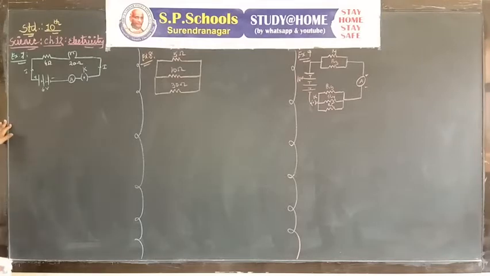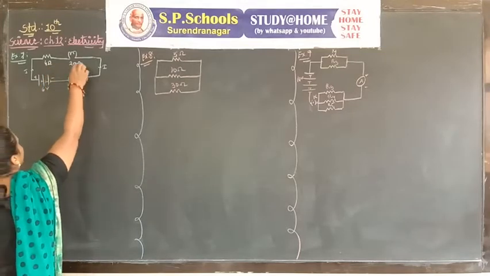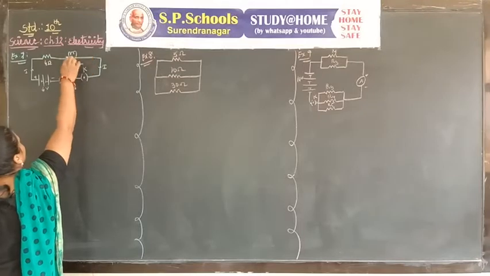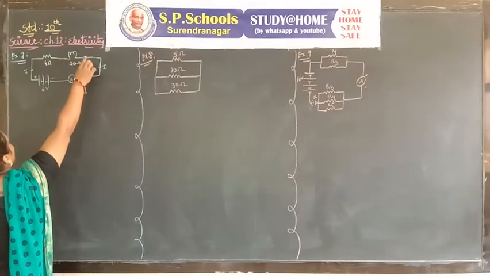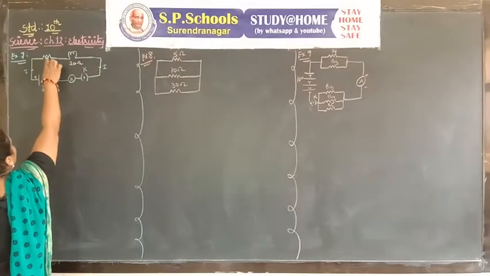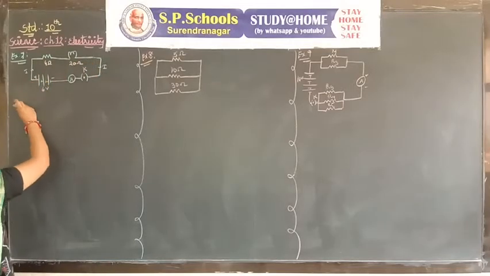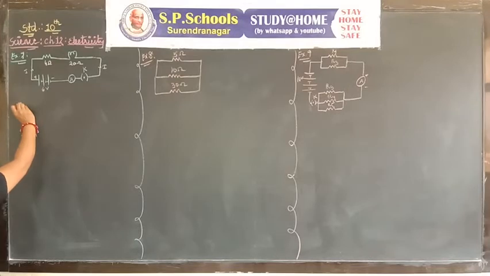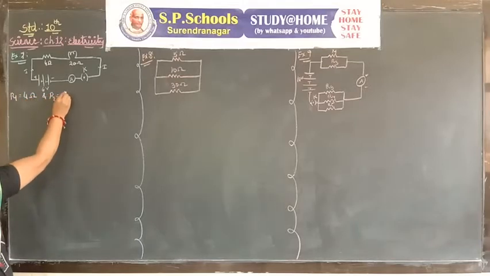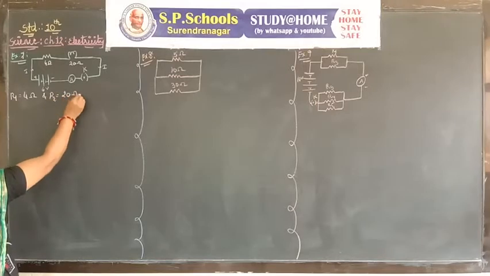Let's solve it. With the help of the circuit we can see the 4 ohm and 20 ohm resistance. Here the potential difference is not given, two points are not given, and one wire is available, so they are arranged in series combination. Suppose R1 is equal to 4 and R2 is equal to 20.